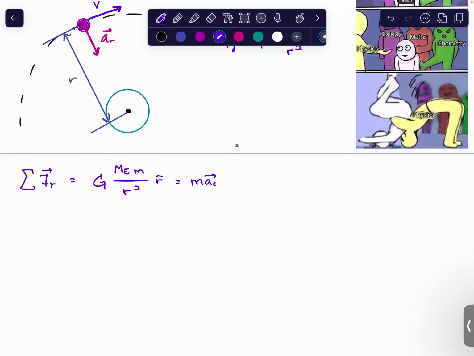So we can start here. Our radial force vector is going to be in the generalized r hat direction. Your r hat's always going to point towards that center of gravity.